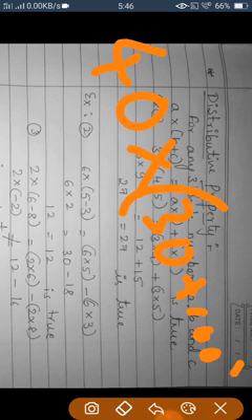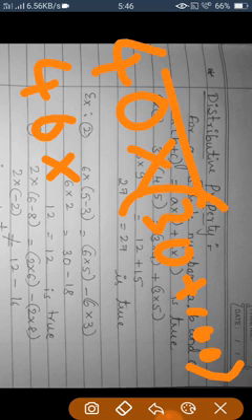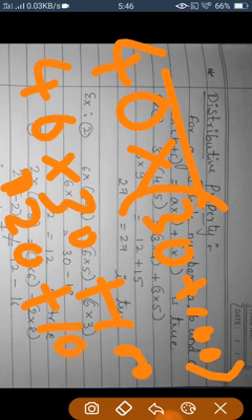If it is a question, what will you do? I said first we have to solve the bracket, then go for the multiplication. You should not multiply first these two and then add, isn't it? So 120 plus 100 is not true. Okay, keep it in mind.